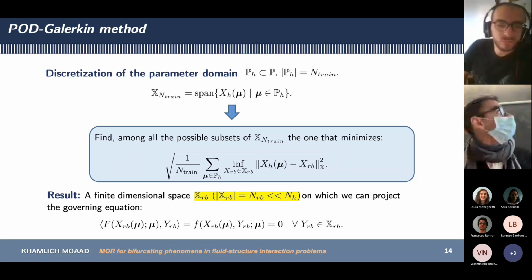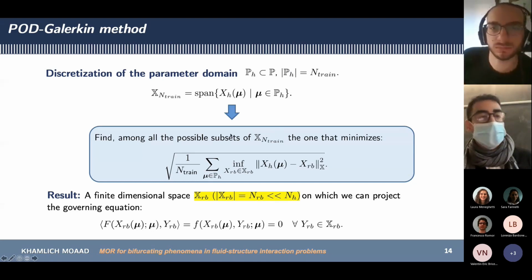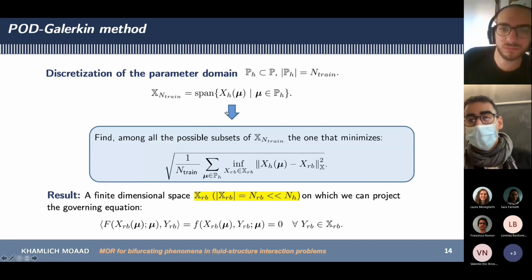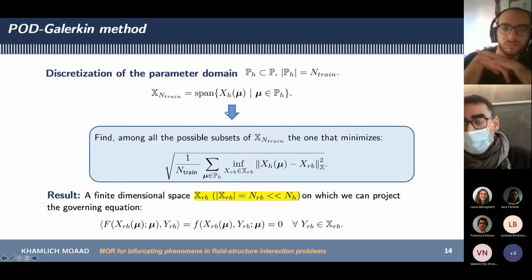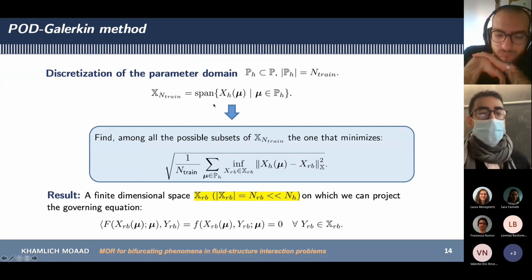The method relies on first building a vector space by taking the span of the solutions that we have, and then finding the subspace of this vector space that minimizes the quantity in the blue box, which basically is nothing but a sort of average reconstruction projection error over all the data set.